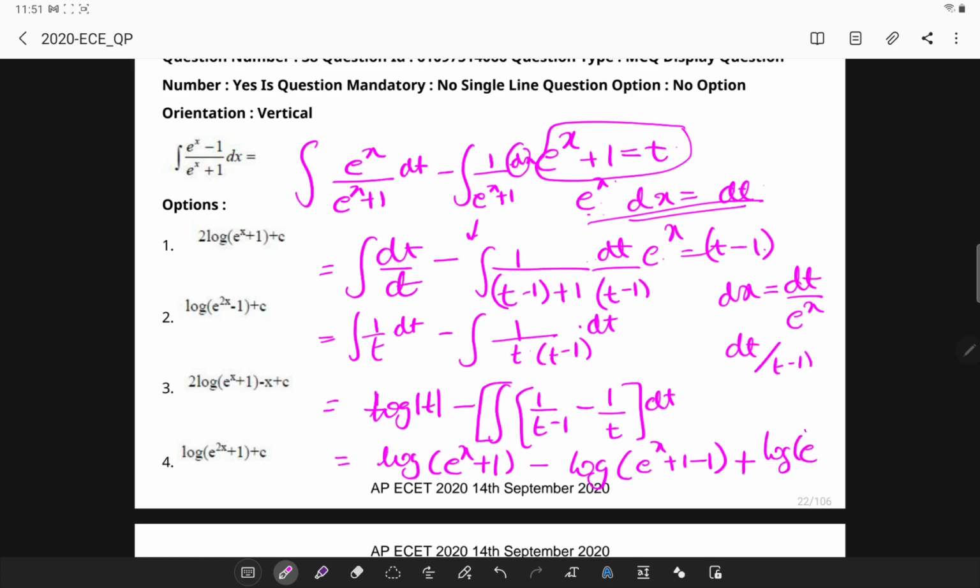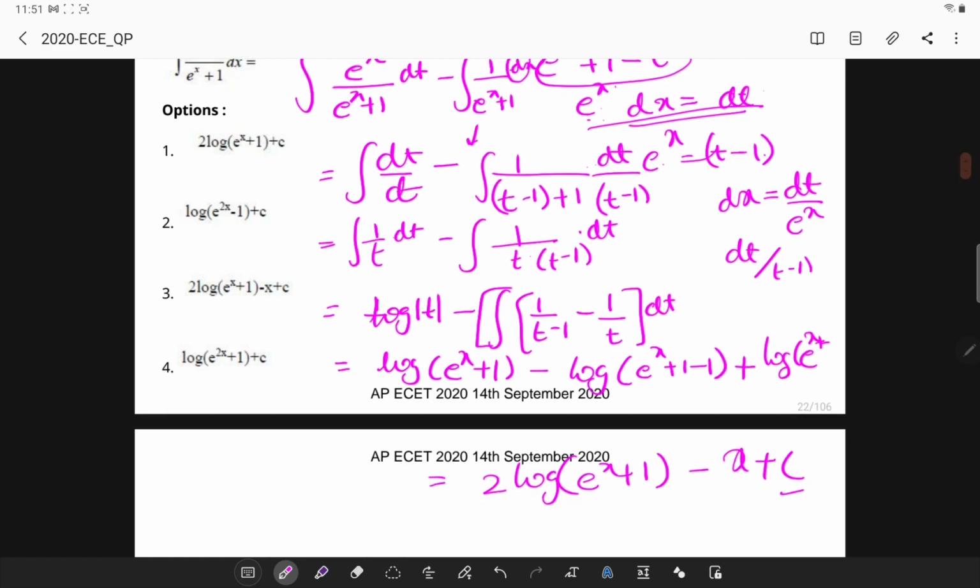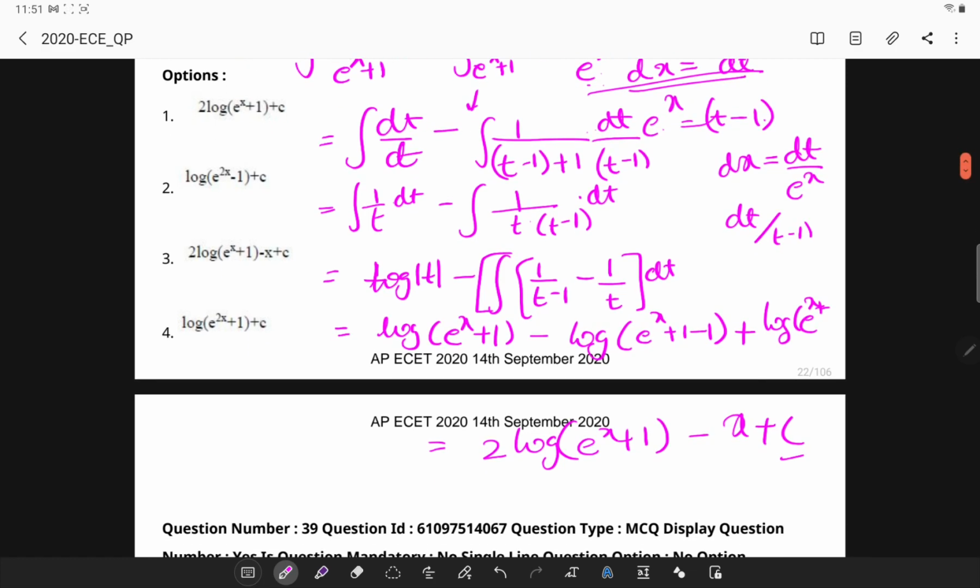Here also I have to write e power x plus 1. So I will be simply left with 2 log e power x plus 1 minus x plus c. So the answer is third option.